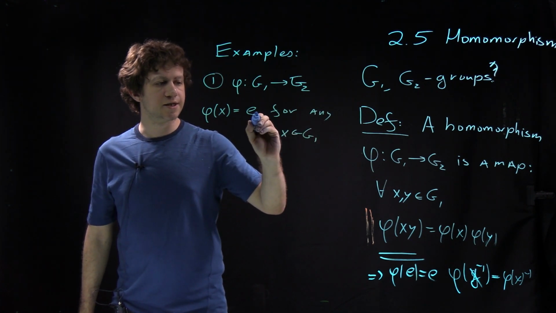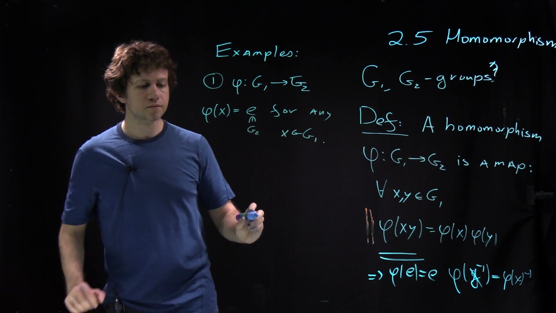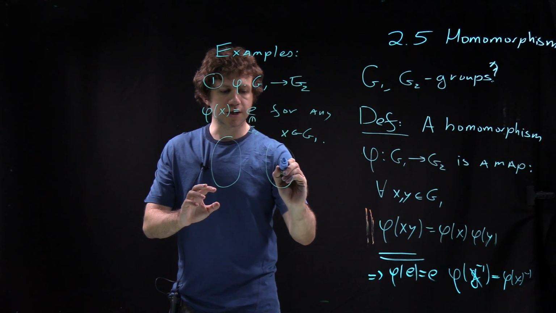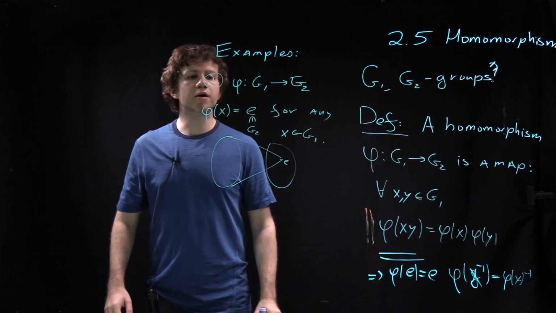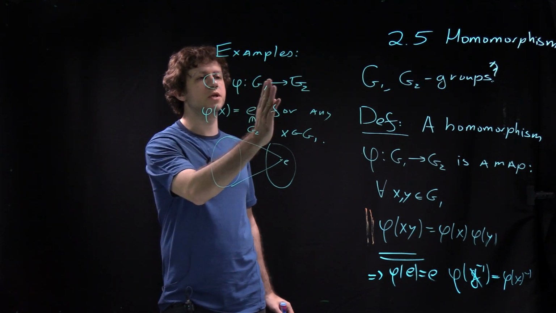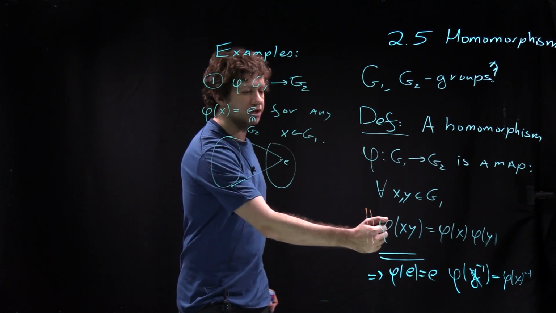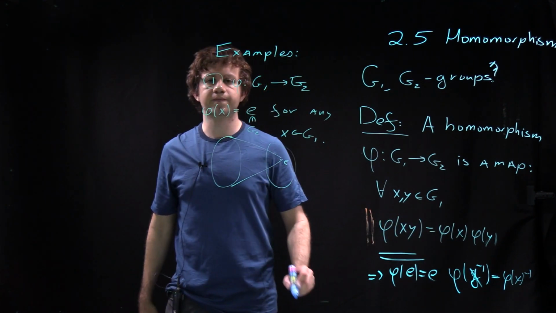And this is the identity as an element in G2, of course. So if you draw your groups as sets, the second group has an identity, and this map just sends everything there. That's a very boring homomorphism. It exists between any two groups. And of course, the property is really easy to check. If you take any two elements here, both parts will be identity.